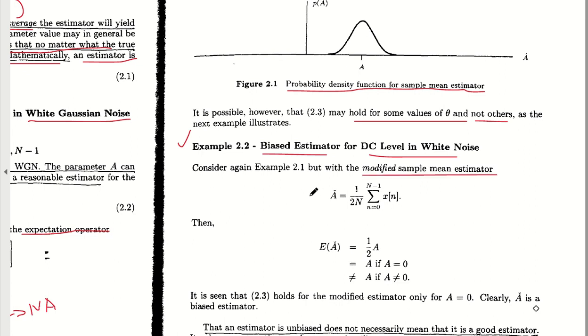So modify the sample mean estimator: A delta equals 1 divided by 2n, and then again do the summation.